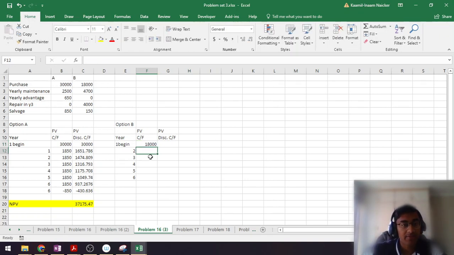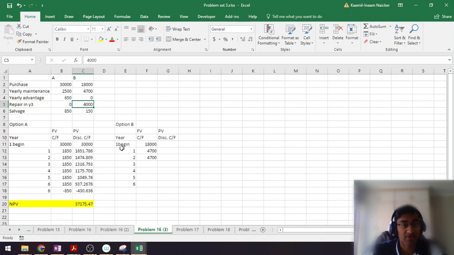Yeah, okay. Then I need to leave space for end of year 1. Okay. So at the end of year 1, I'm going to need to pay for maintenance, and I don't have a yearly advantage. Okay. So I'm paying 4,700 rand in maintenance every year. So that's 4,700, 4,700. And then you can see at the end of year 3, I need to pay for a repair.